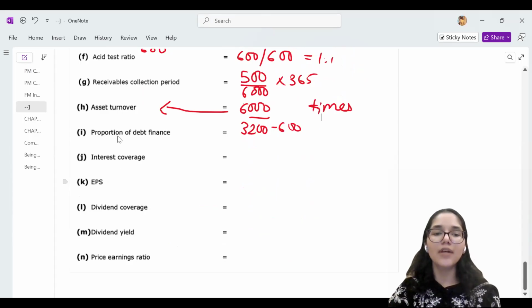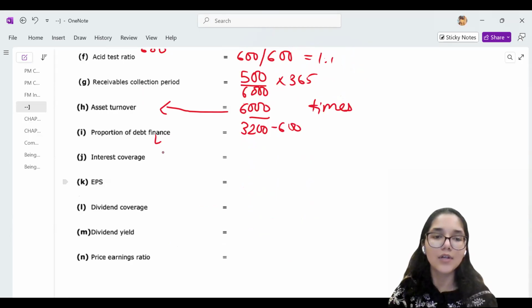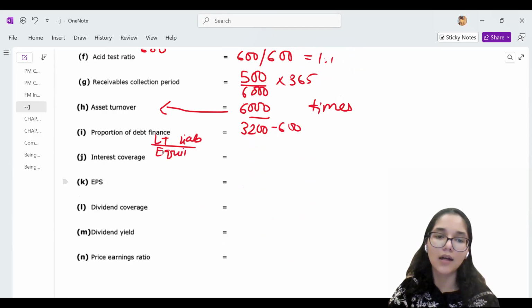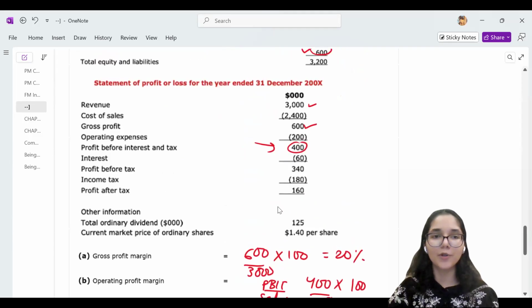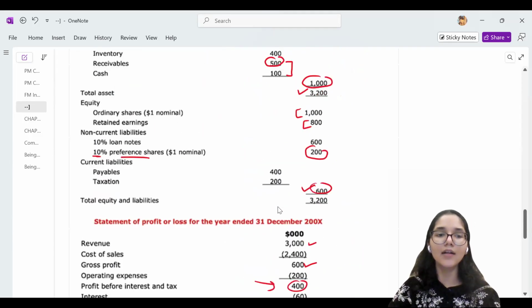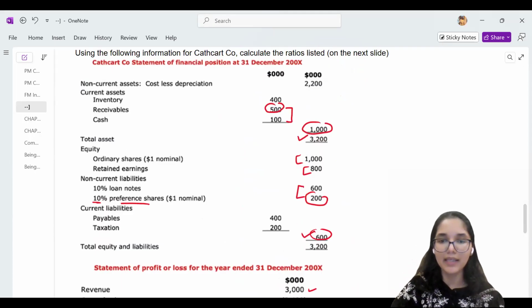Then you are supposed to calculate the proportion of debt finance. So the formula that you had learned was long-term liability divided by either the equity or the total of the capital employed. We can do it either way because nothing has been specified here. What are our non-current liabilities? Non-current liabilities are 600 plus 200, which will give me 800.